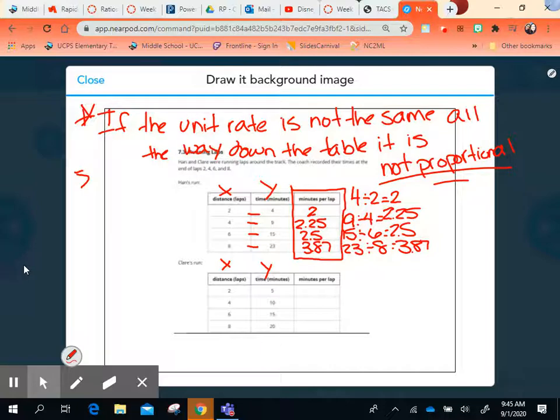Okay, we're going to check out Claire's run now. So what I want you to do, whether you're here or at home, is find the unit rate for the third column. Remember, the unit rate equals y divided by x. So for example, Claire's run, 5 divided by 2. So go ahead and do that now.